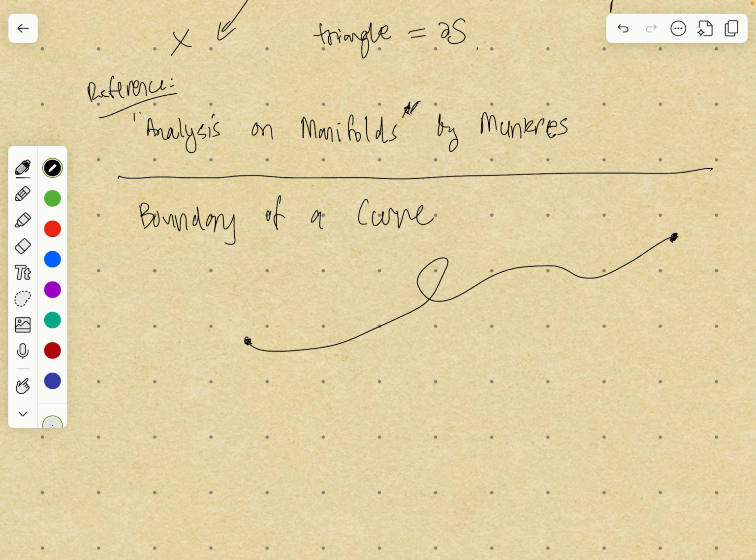When you look at an endpoint, let's call this endpoint P, and then look at the points near it, right? So you look at, say, let's say this curve is in R3. Okay, so this is a curve in R3.